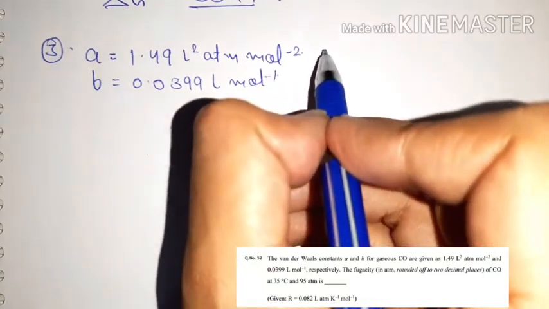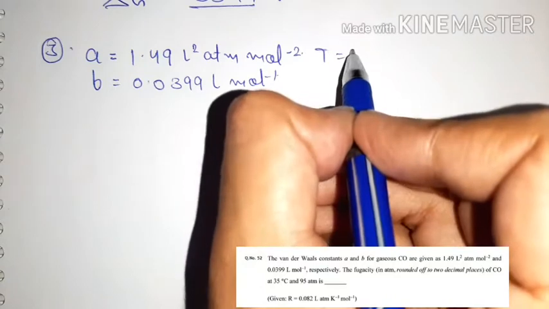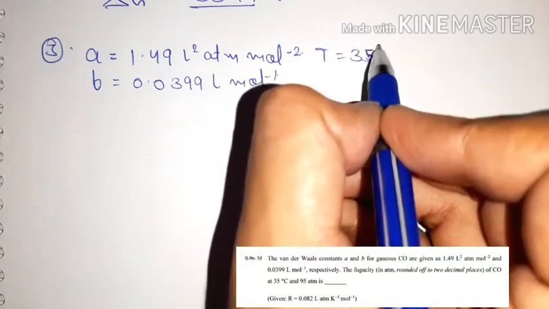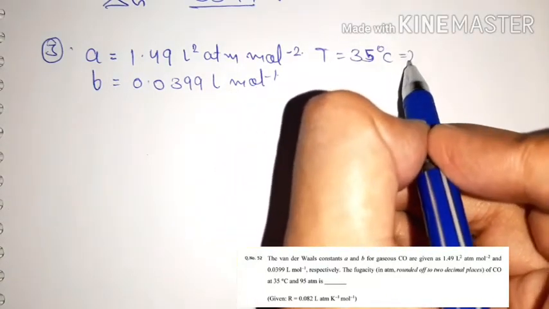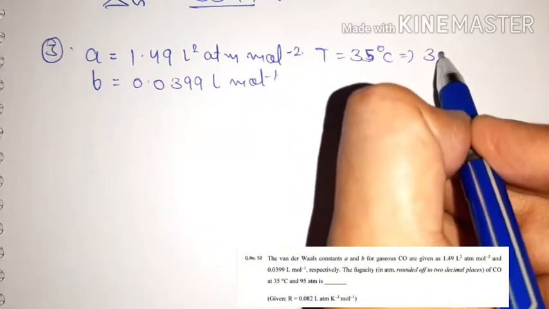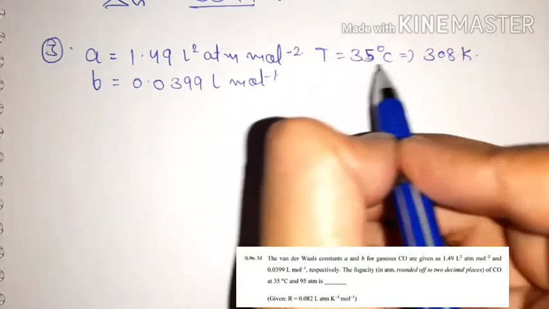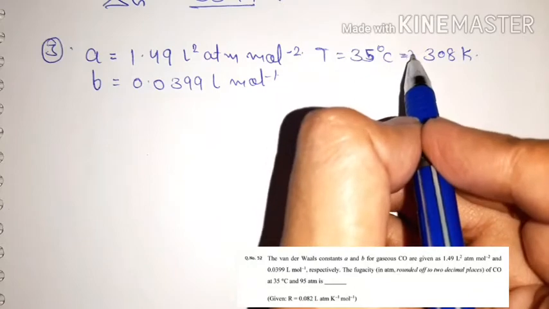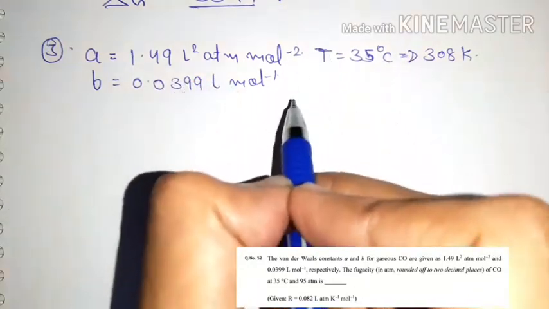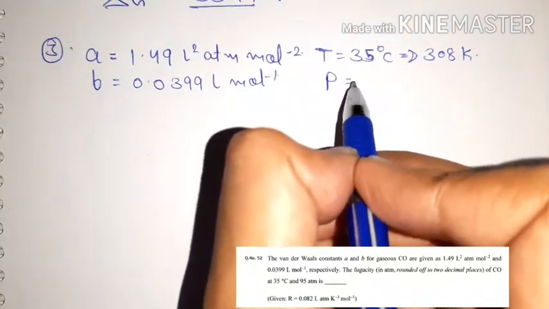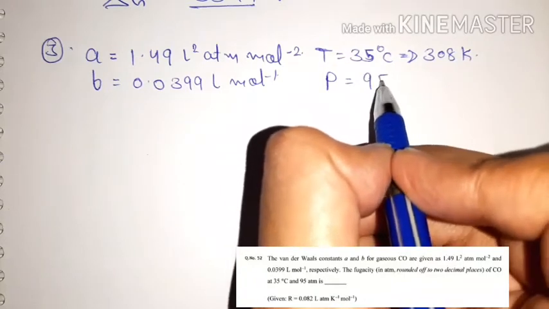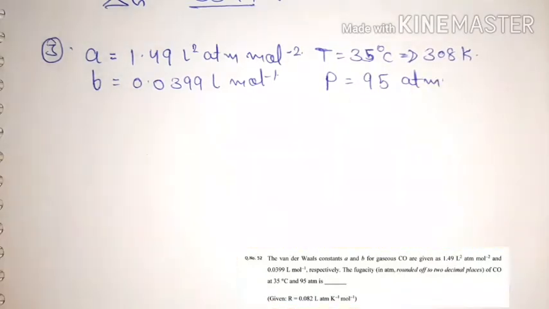Then we have the value of temperature in terms of 35 degree centigrade. So when we convert it into Kelvin, it will be 308 Kelvin. You can just add 273 to your degree centigrade and it converts into Kelvin scale. And the value of pressure is 95 atm, that is standard atmospheric pressure.